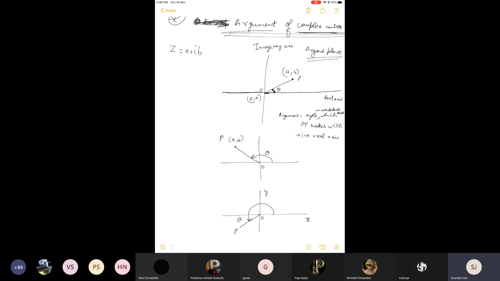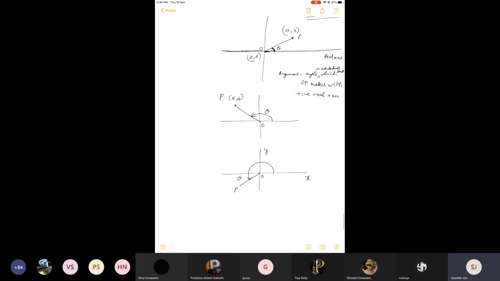So based on the position of P, it can be in the first quadrant, second, third or fourth. The argument, which is theta, can vary from 0 to 2 pi because it can complete one round.